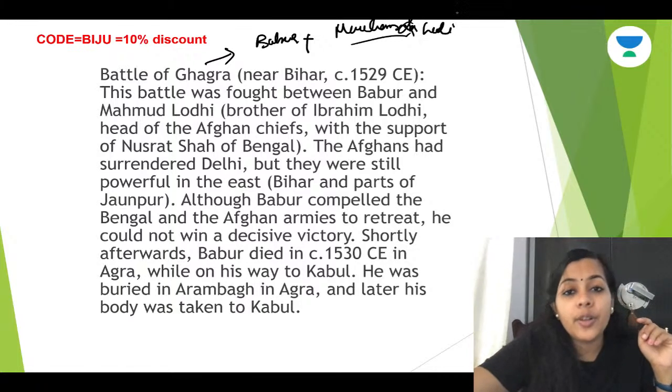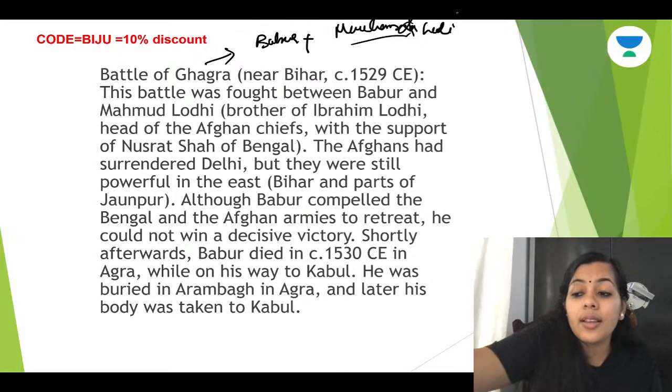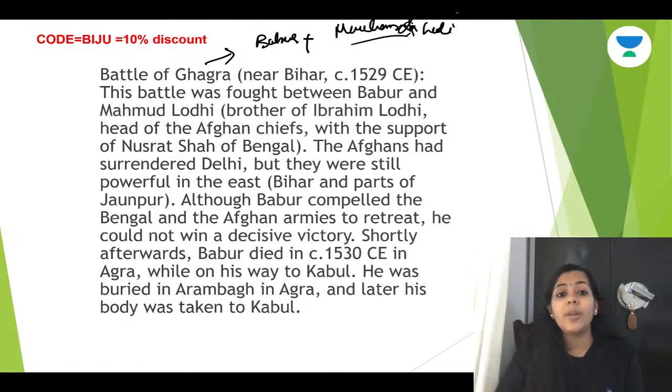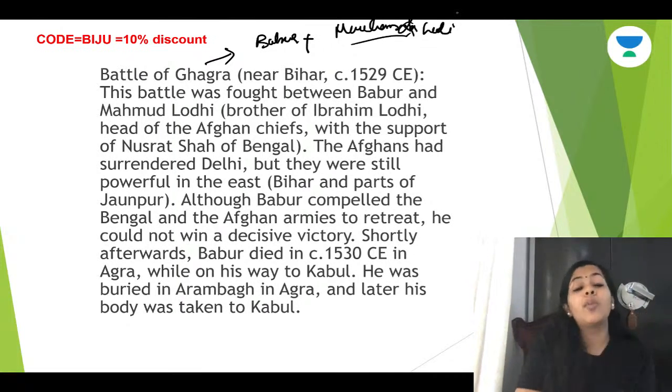He tried to associate with Rana Sangha, but unfortunately Rana Sangha lost the war, and he did not have any acquaintance to go and seek help. This is the condition of Mahmud Lodi. So he decided himself, I will fight back against Babur.